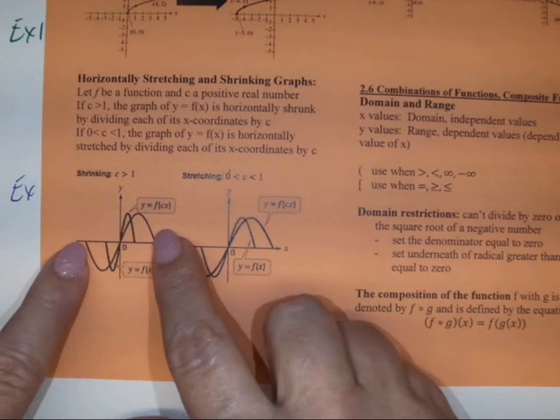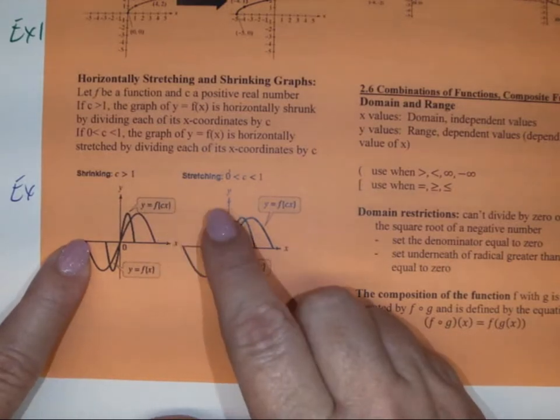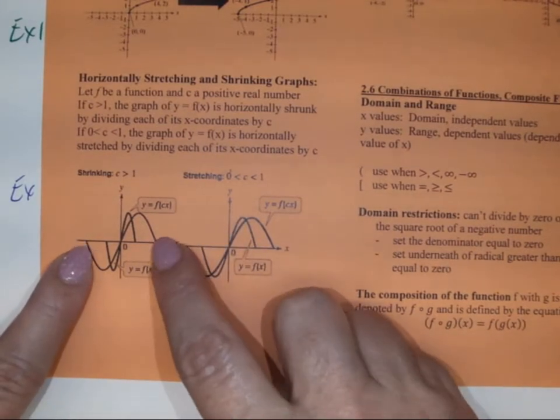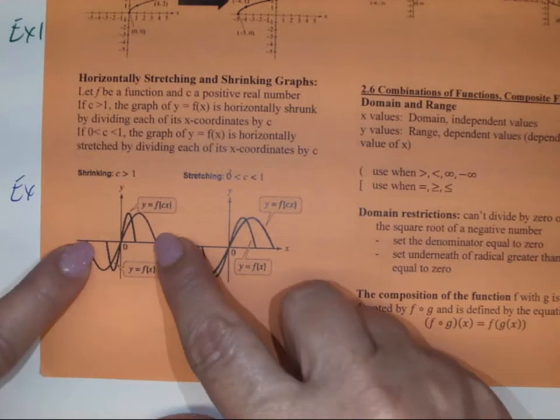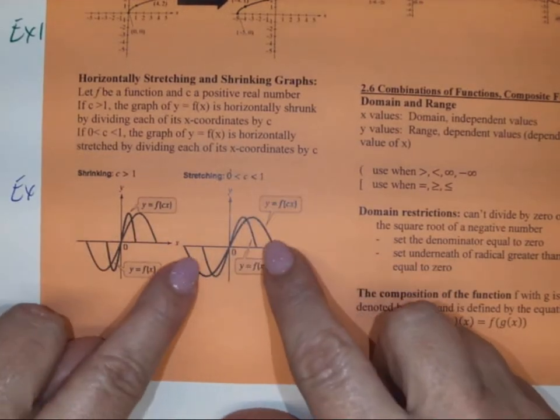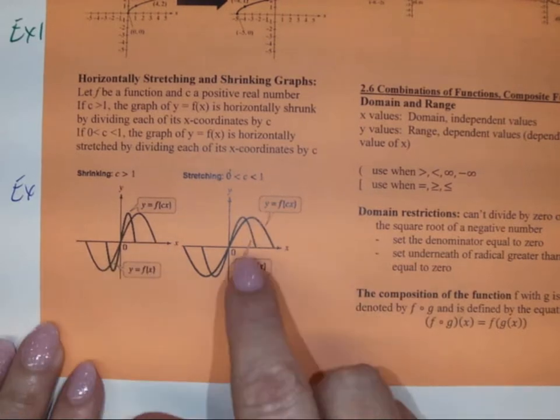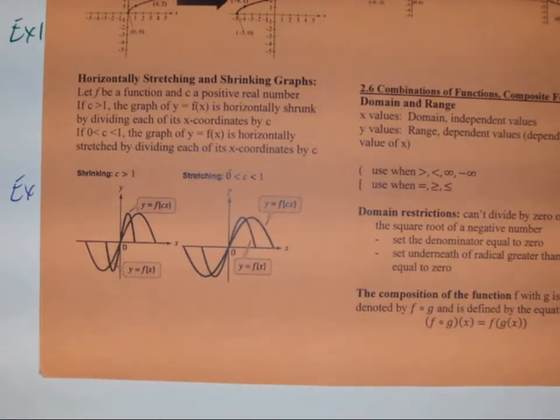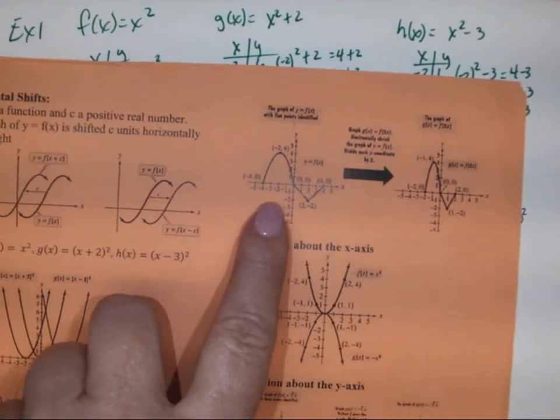So when it's shrinking, if this was the original function, it's getting shrunk in this way. And with the stretching, it's getting stretched out this way. But the y values will stay the same. This time, it's the x values that will change.